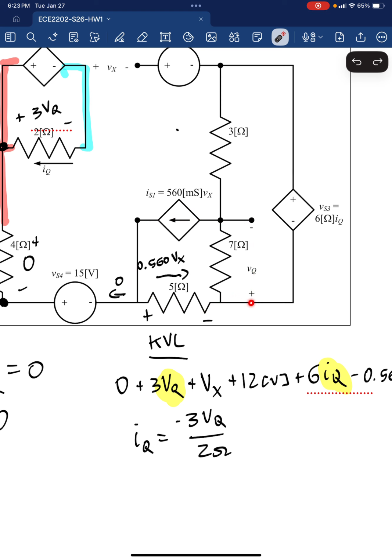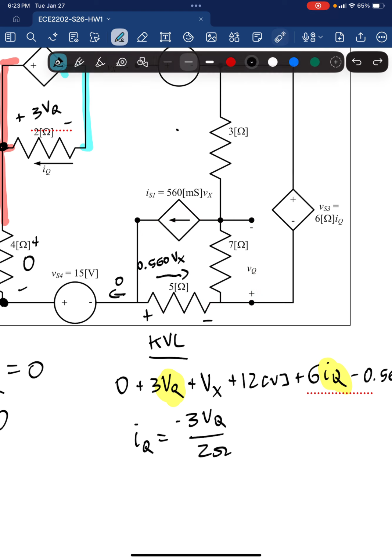Now, the problem with the latter, the problem with going this way, is we are going to have to create a new variable for the voltage across this current source. And typically we want to avoid trying to solve for voltages across current sources because it's going to involve multiple equations to do so, and it's going to make your life difficult. It's completely possible, but it's just a more difficult approach.